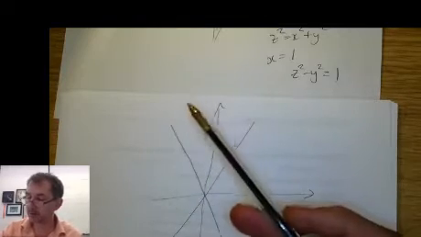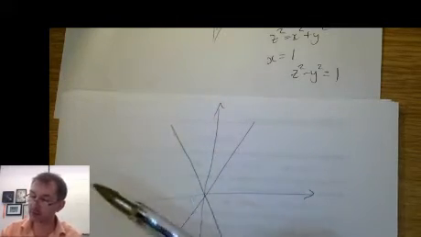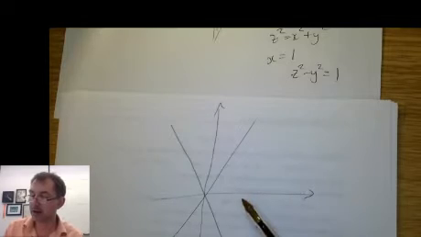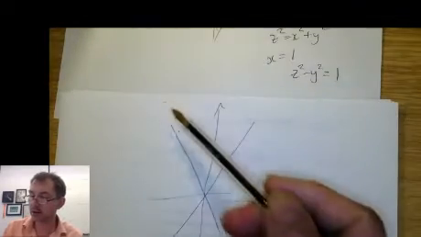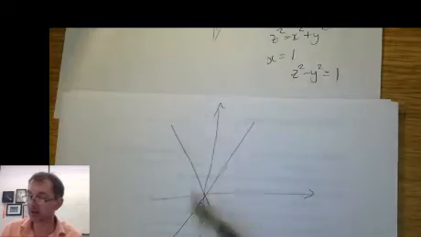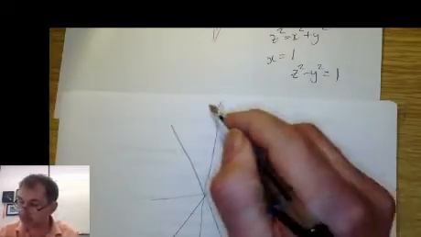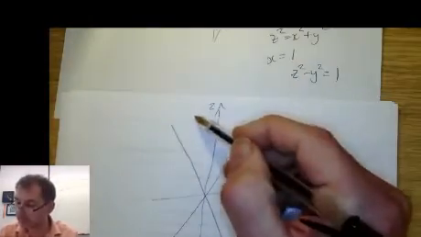To be parallel with the side of the cone, I need x to be decreasing at the same rate that z is increasing, for example.